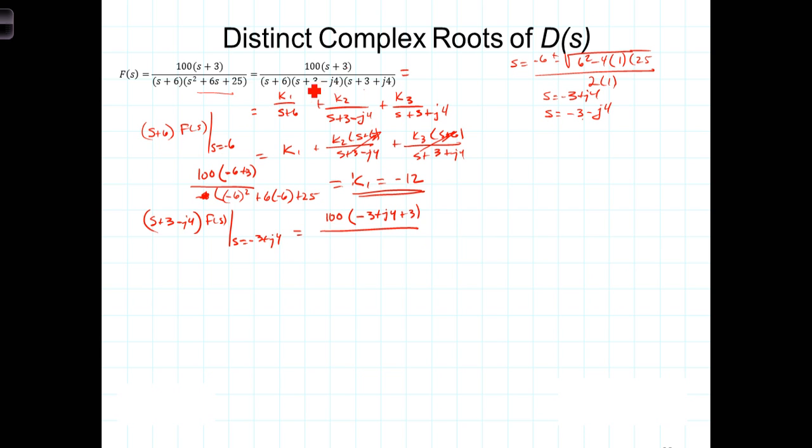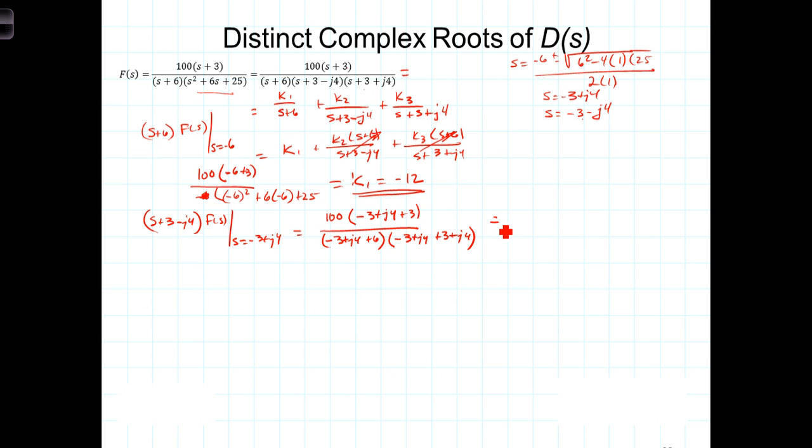Down below here, we have s plus 6, so that's negative 3 plus j4 plus 6. This term canceled, and then we're left with s, which is negative 3 plus j4, plugging in there, negative 3 plus j4 plus 3 plus j4 on the left-hand side here.